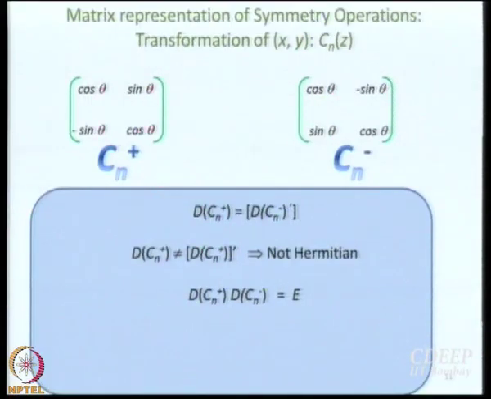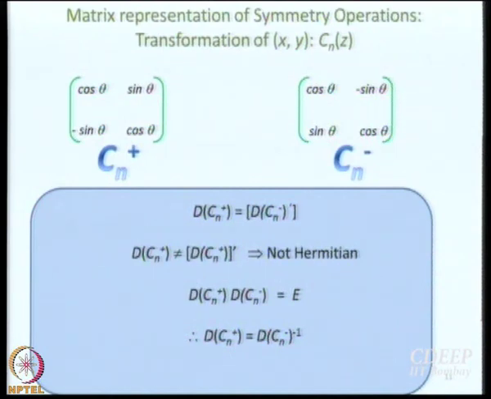I also need to see if everybody is awake. So this is the unit matrix, right. What does that mean? That means D(Cn+) is the inverse of D(Cn-). Yeah, exactly. But even before we go there, now see, we have reached something interesting.